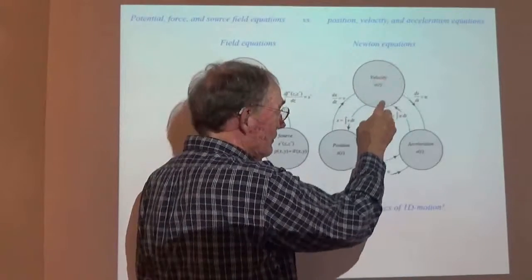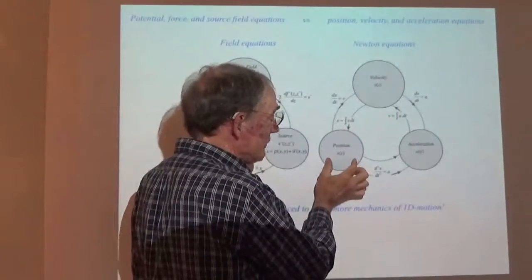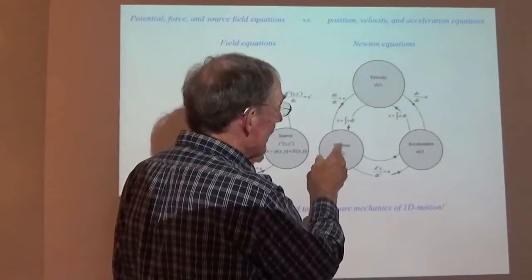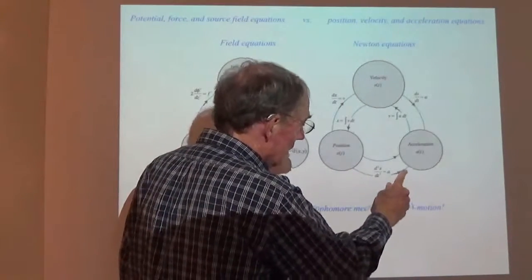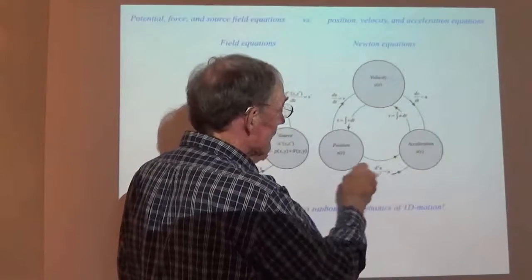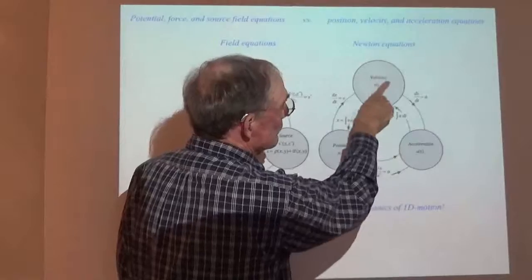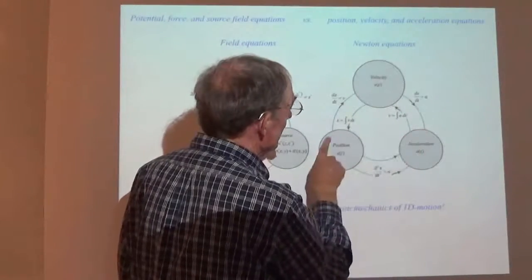And then we take the velocity, integrate that to get a position, right? And then a double derivative of that position gives us the acceleration. So when I go this way, I integrate. When I go this way, I differentiate.